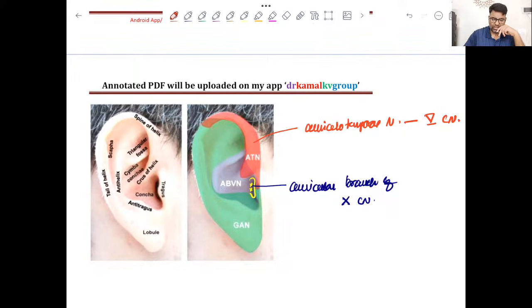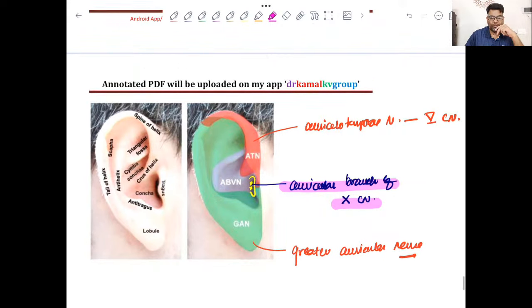And then lower down you can see the great auricular nerve, which supplies the lobe and the angle of the mandible as well. If this is irritated, it will result in a coughing act, reflex coughing, right? So this is the auricular branch of the vagus nerve.